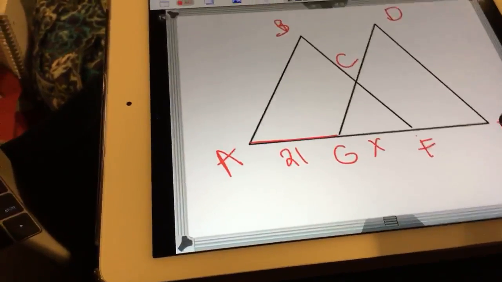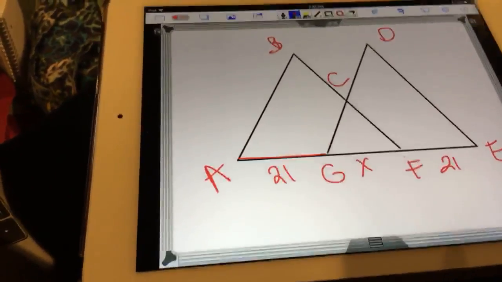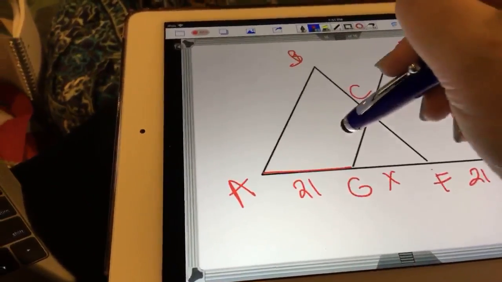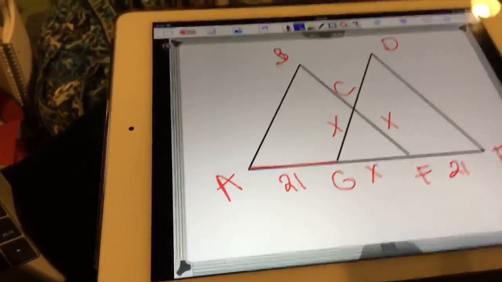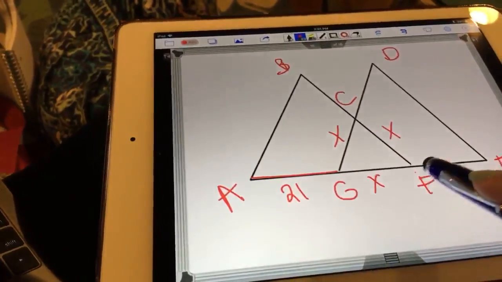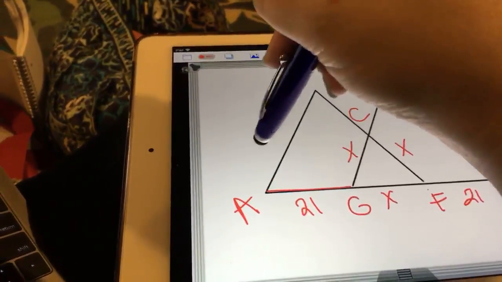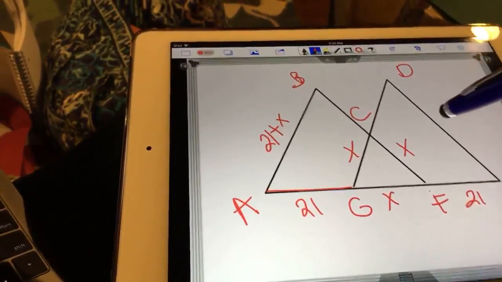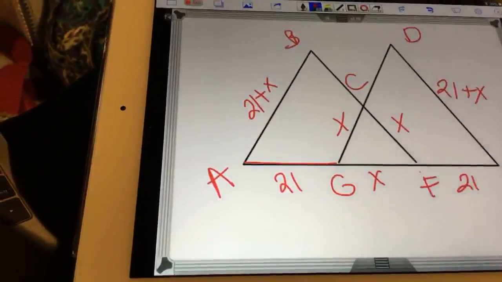Therefore, this side has to be 21 plus x, and EF has to also be 21. If FG is x, then this has to be x, and so does this, right? If this is equilateral, then AF is 21 plus x, so AB is 21 plus x, and DE is 21 plus x, okay?